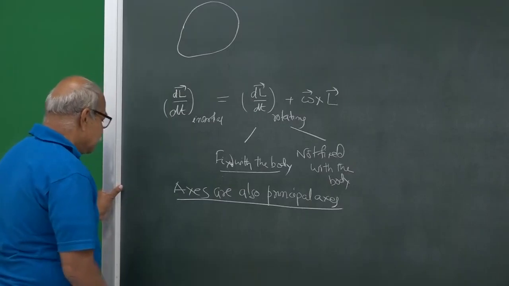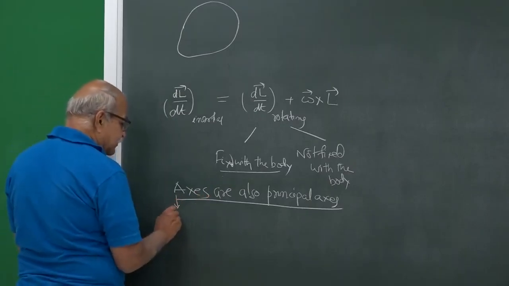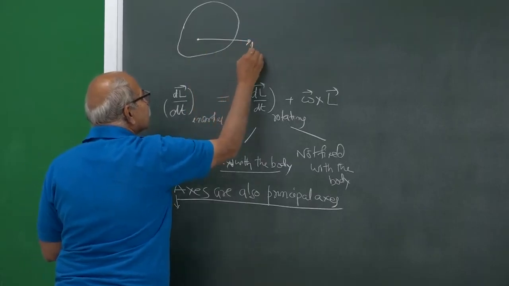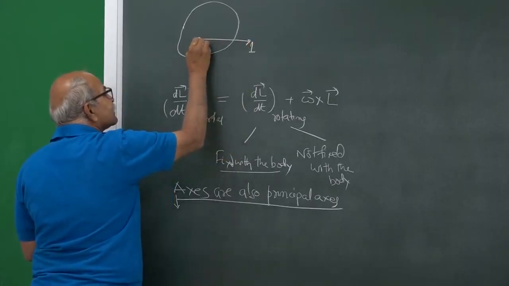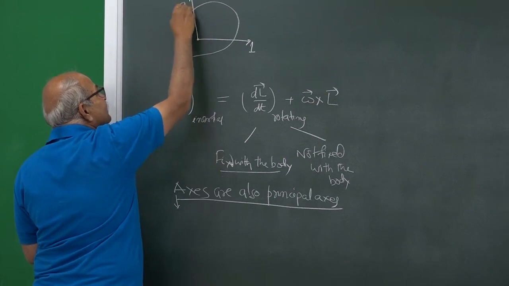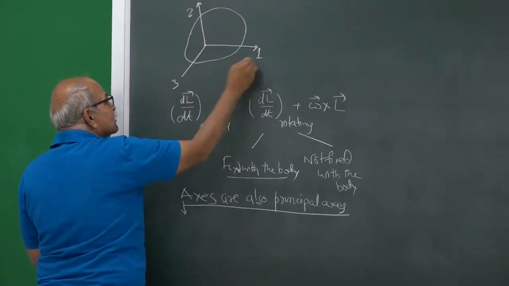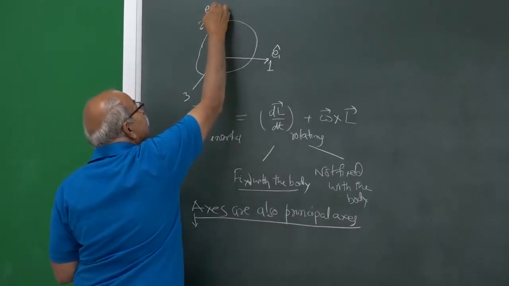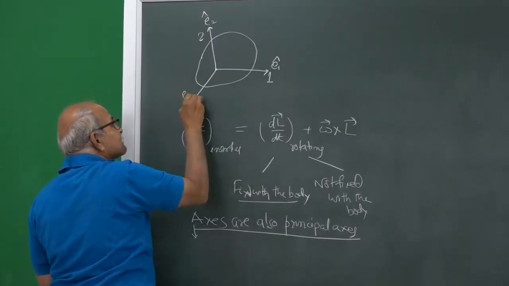All right. So, in this system, we will write the axes as 1, 2, 3. Suppose this is the origin and then there is one axis, then there is some 2 axis and there is some 3 axis. So, these are 1, 2, 3 and the unit vectors are E1 cap, E2 cap, E3 cap.